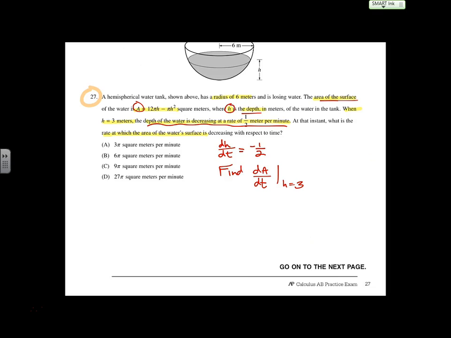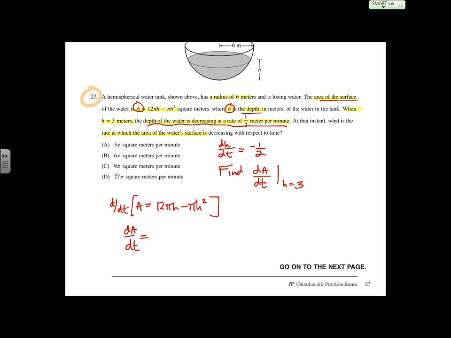Ignore the picture, ignore all the craziness. You just say, do I have enough to take a derivative with respect to t with an A and an h? Yep. I have an A and I have h's. Just take the derivative, d/dt of everybody. If I take d/dt of both sides, dA dt is equal to derivative of A is 1 dA dt.